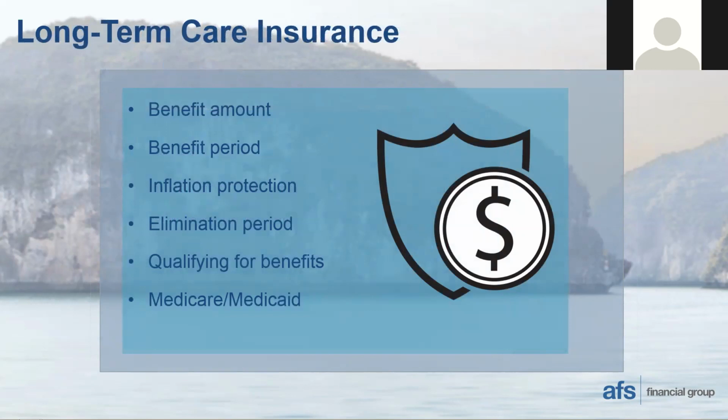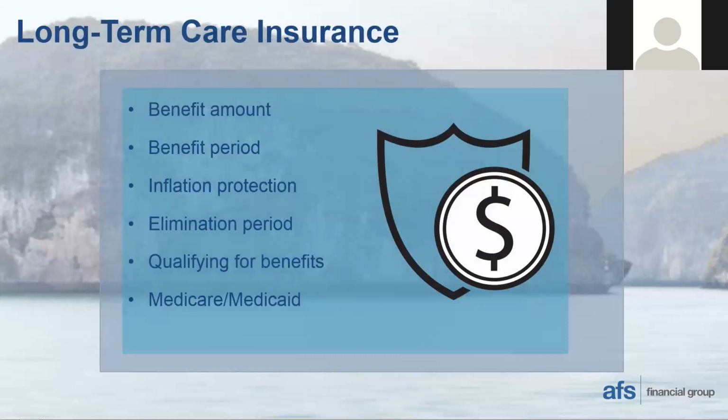Oftentimes it's a spouse or a child, and the data shows us, and we've seen this in personal experience with clients and family, that it oftentimes falls on the shoulders of the oldest living daughter, who often lives nearest to the parents, and so it can really provide not only a financial burden, but an emotional and a physical burden on family members.